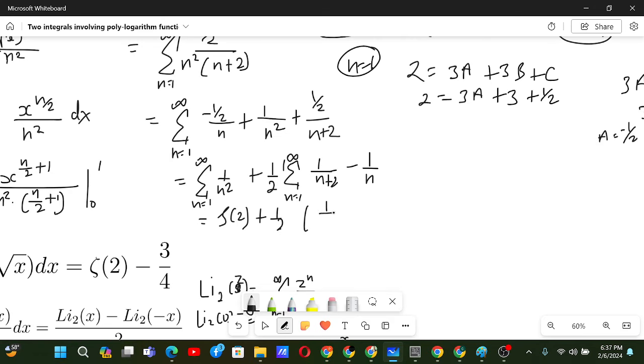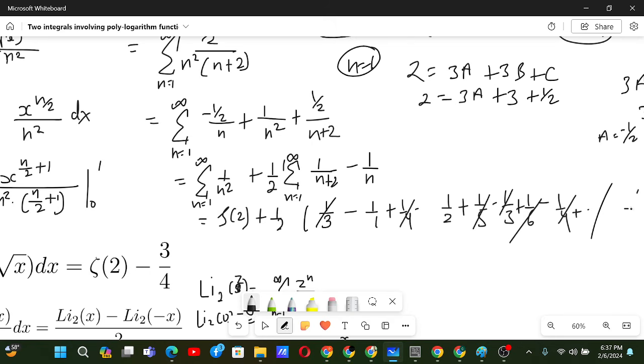Now let's see what we get. 1/3 minus 1/1, plus 1/4 minus 1/2, plus 1/5 minus 1/3, plus 1/6 minus 1/4, and this goes on. We can see that 1/3 cancels out, 1/4 cancels out, 1/5 also cancels out, 1/6 also cancels out.